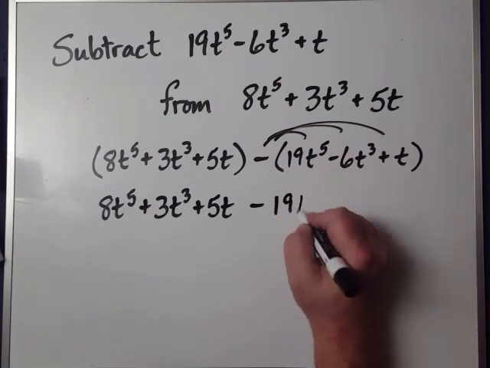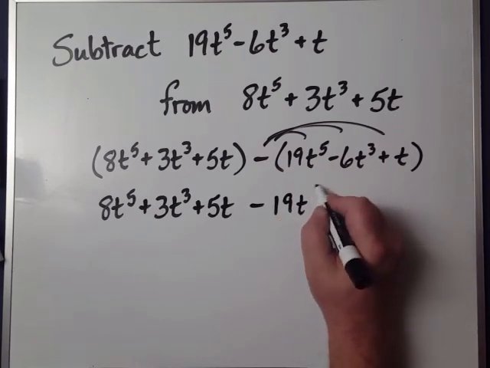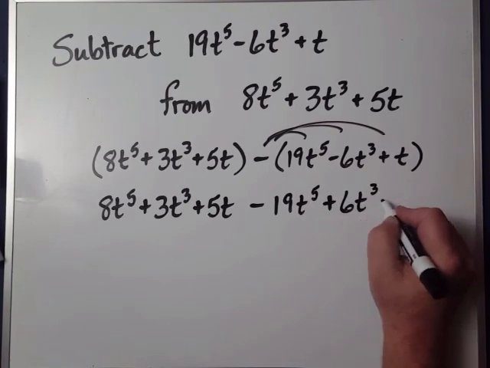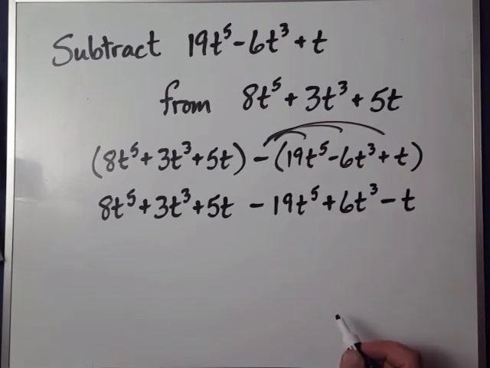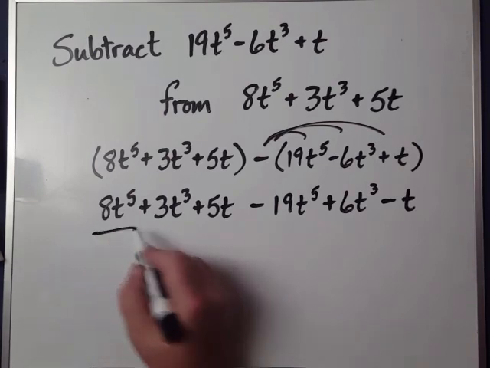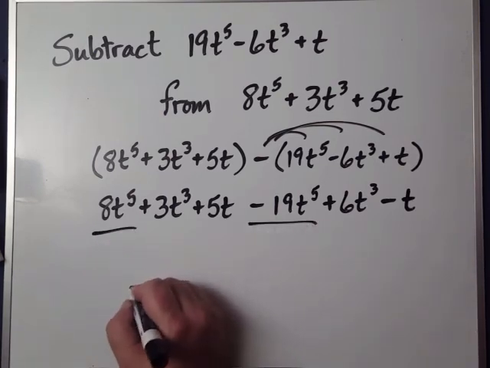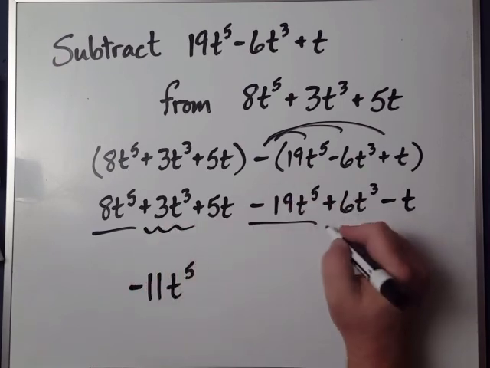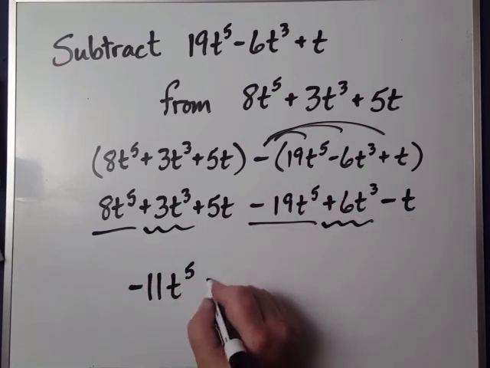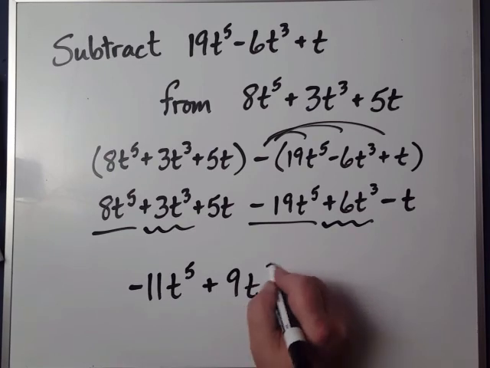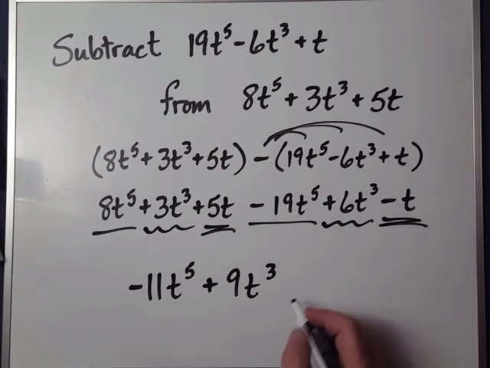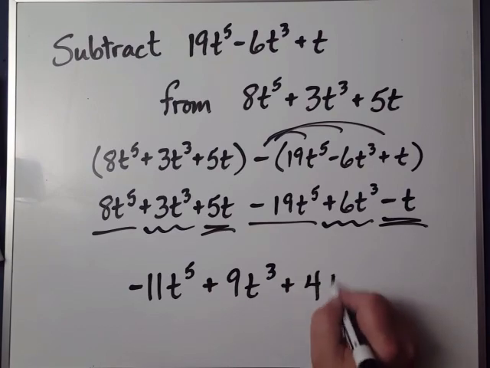We now have minus 19t to the fifth plus 6t cubed and minus t. Combine like terms. Minus 11t to the fifth plus 9t cubed. 5 minus 1, that's going to be plus 4t.